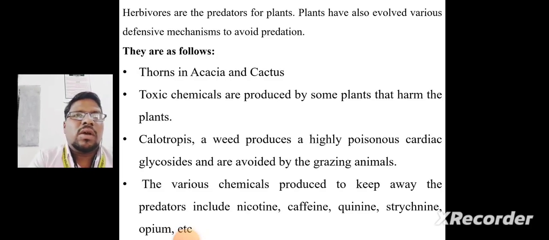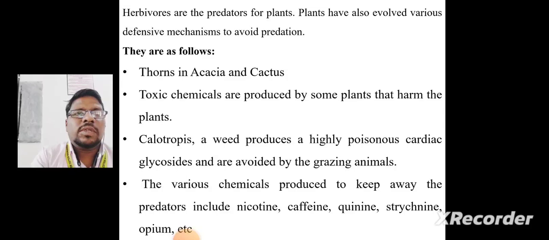Herbivores are predators for the plants. Plants also evolve various defense mechanisms to avoid predation. For example, thorns in acacia and cactus. Acacia plants and cactus have thorns to avoid herbivorous animals.